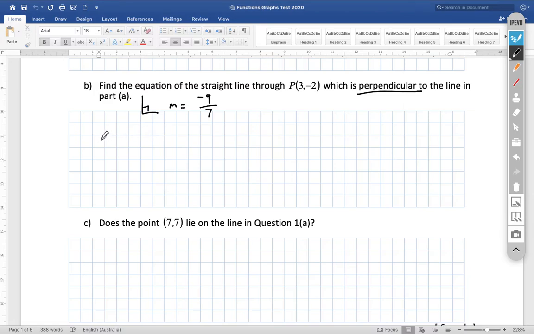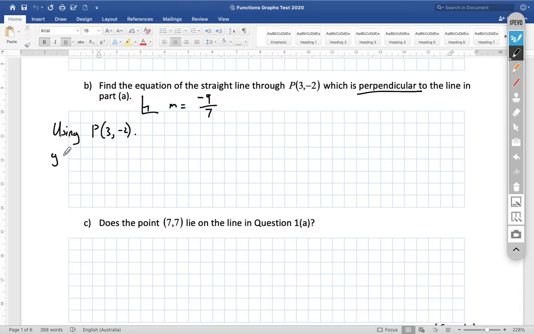Right, so I could say using this point, I'll do it the way I like to do it, which is basically just to think about what that gradient equals. And gradient equals a change in y over a change in x. And I'm going to use that point.